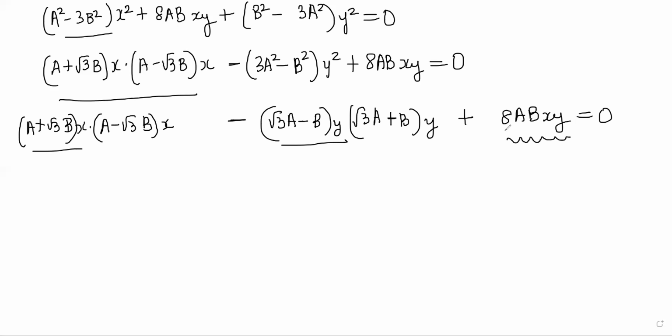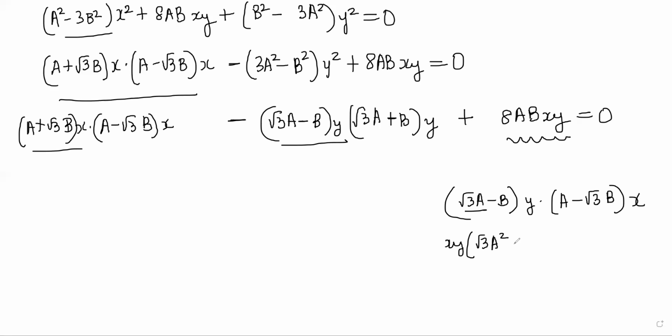Okay. Root 3a minus b y multiplied by a minus root 3b x. What is that equal to? That is equal to xy and root 3a square minus 3ab minus ab plus root 3b square, right?